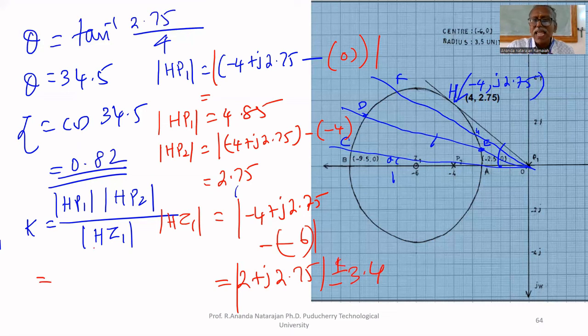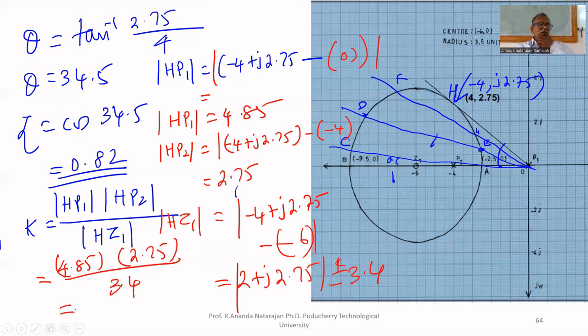Therefore K at H equals 4.85 multiplied by 2.75 divided by 3.4, which is 3.92. When K equals 3.92, it will have the minimum damping value, that is 0.8. That's all. We'll see in the next class.